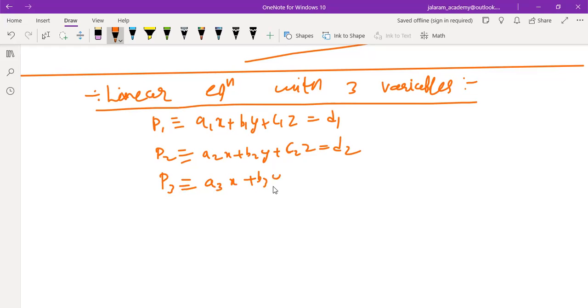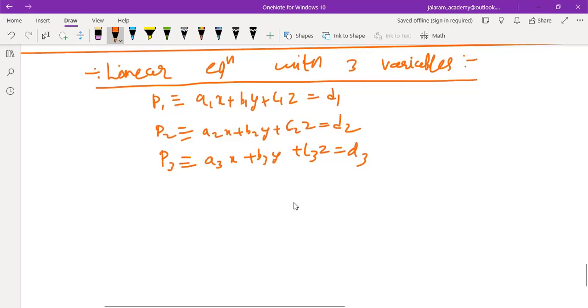a3x plus b3y plus c3z equals d3. A plane is a surface in which all the points lying on a line which lies on that plane will lie completely on that plane.